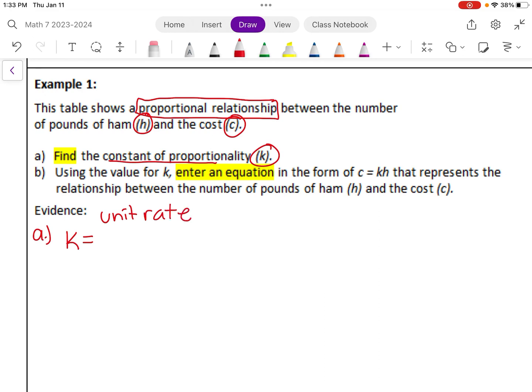Remember, the way that we find our constant of proportionality is we set up our rates as y over x, and then we try to get the unit rate.